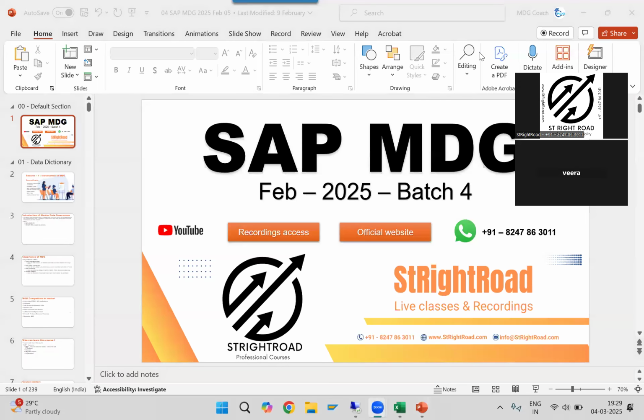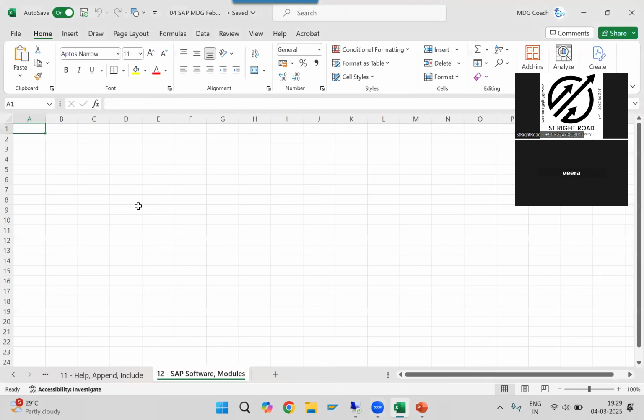Yes. So today we are going to discuss about one is SAP software. Second one is modules. Third one is key modules for MDG. Fourth one, modules flow.